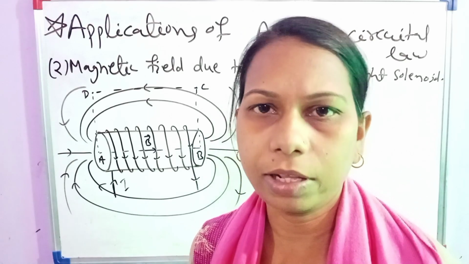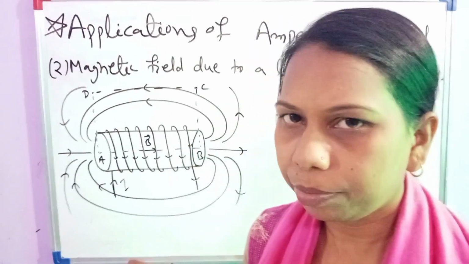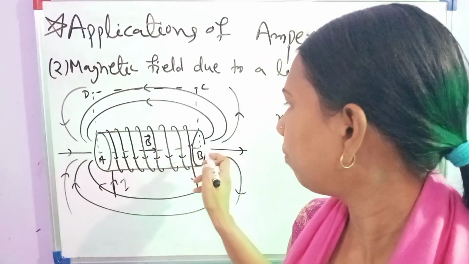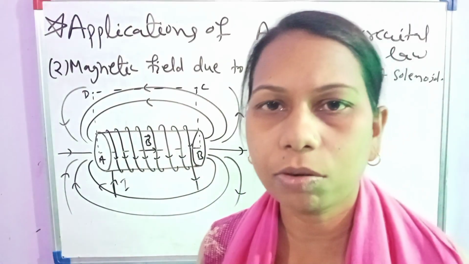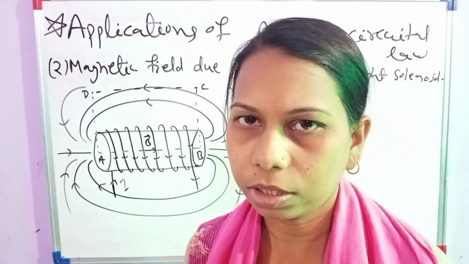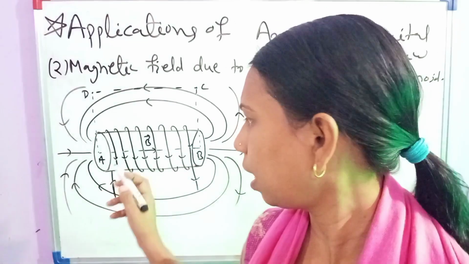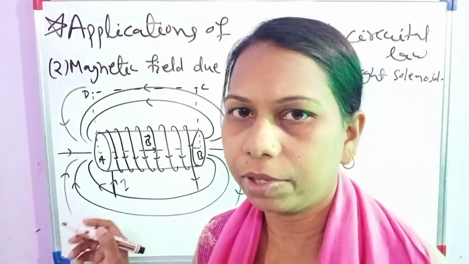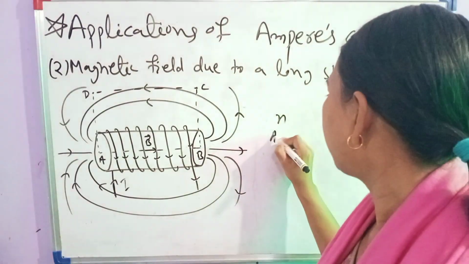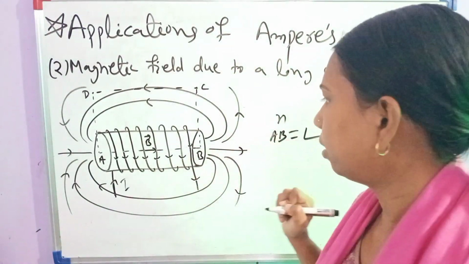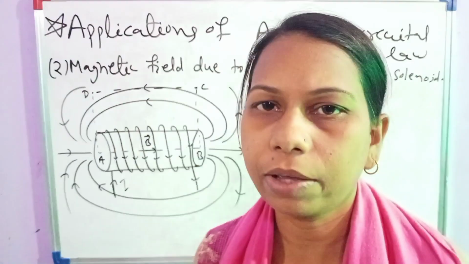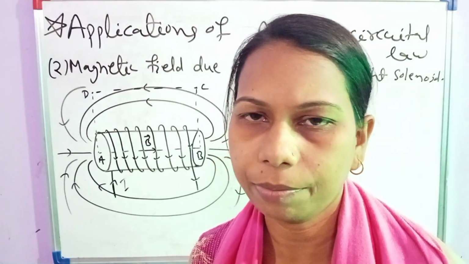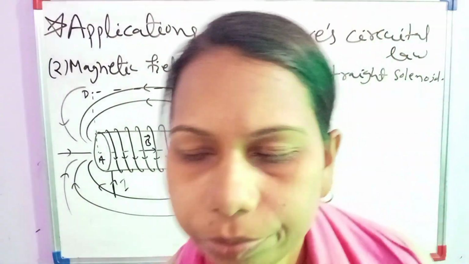To calculate the value of B, we have to consider a closed path ABCD, which is a rectangular closed path, with length AB equals L. Now to calculate the value of B, we have to apply Ampere's circuital law.